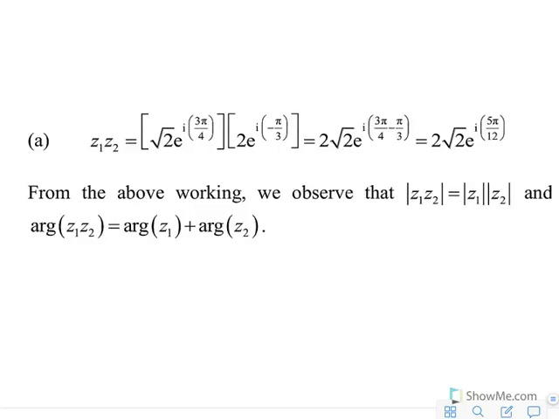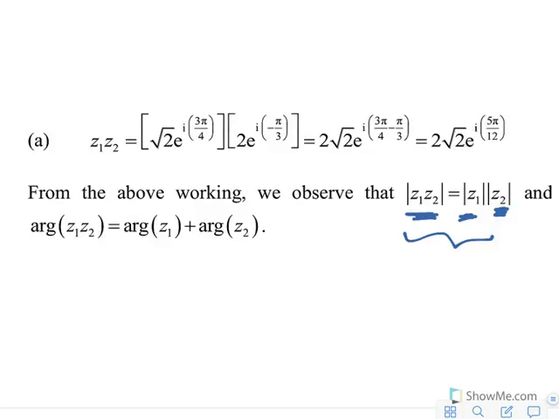So here you can see that the modulus of Z1 multiplied by Z2 is the same as the modulus of Z1 multiplied with the modulus of Z2. So for two complex numbers, simply put, the modulus of the product is the same as the product of the moduli.